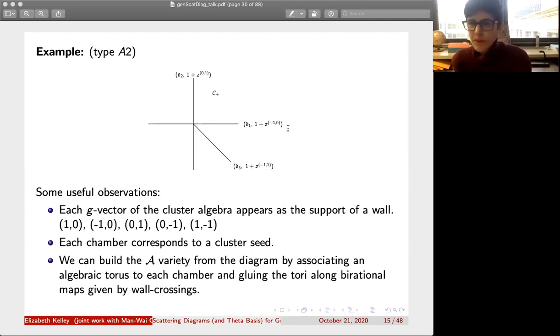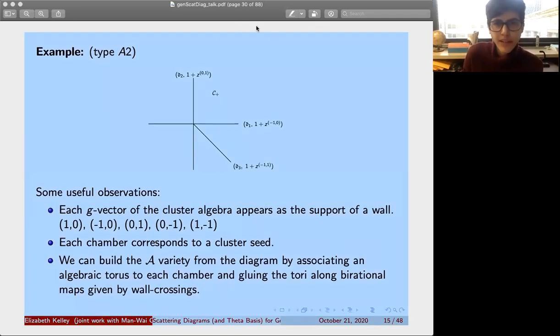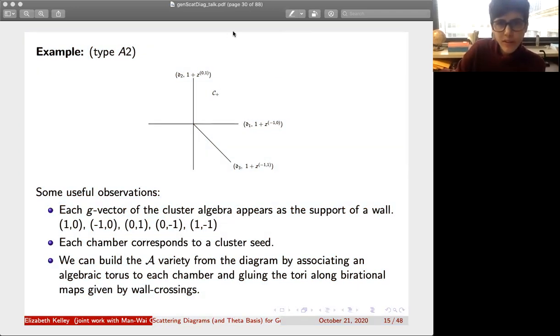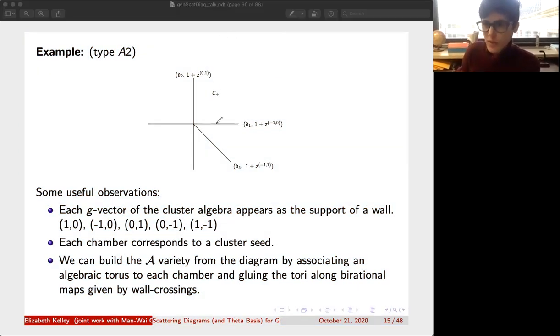And then each chamber here, you could think of as corresponding to a different cluster seed. When we think about choosing a seed, we have to choose a cluster, or a set of cluster variables, to be our initial cluster variables. So one choice, the choice we've been making, is to look at the variables that I've been calling x1 and x2.